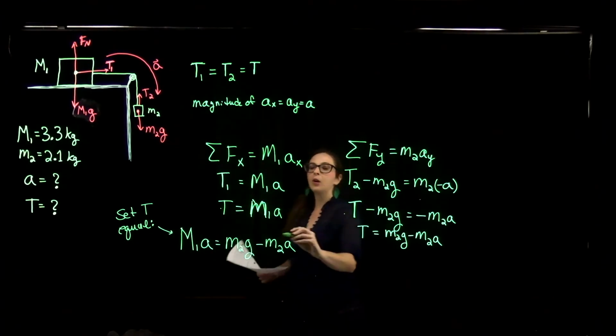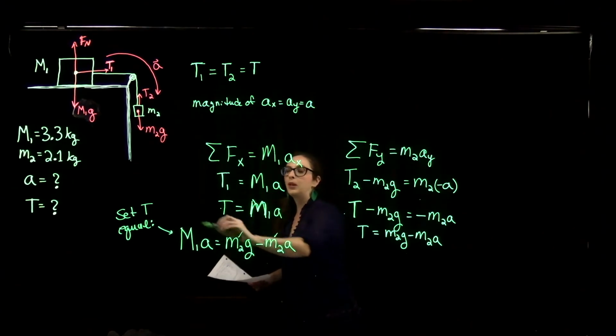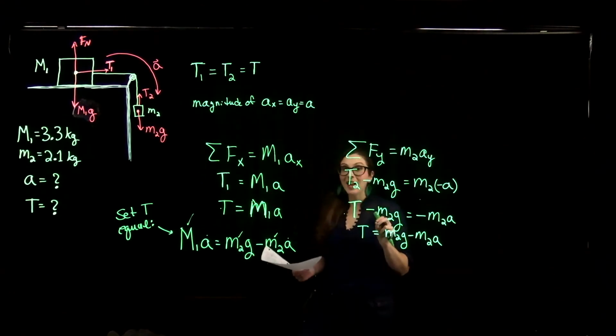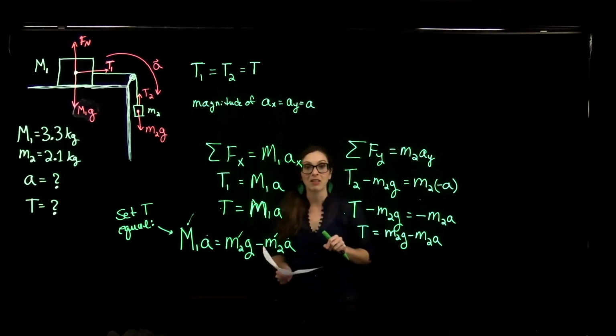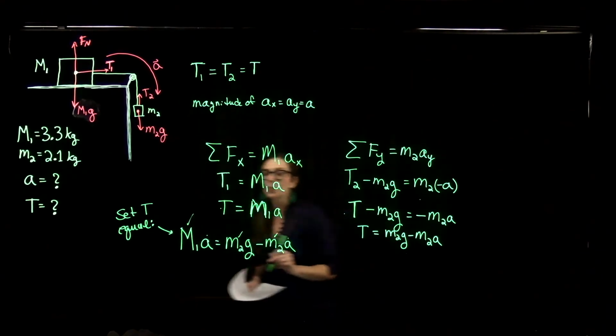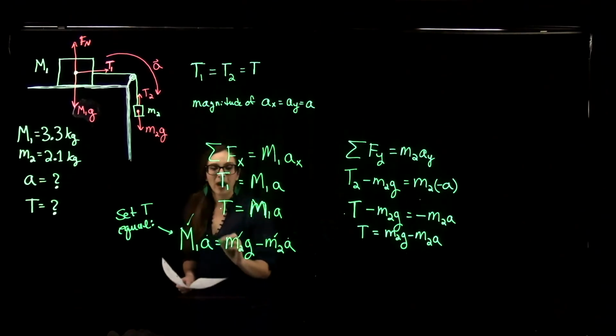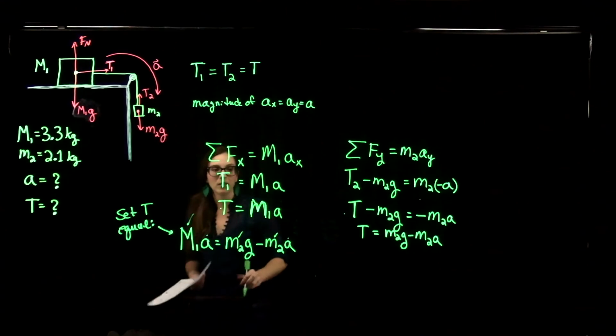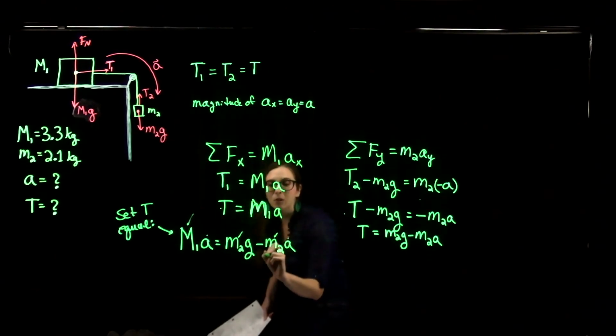Now we know m2, we know big M, and we just need to solve this equation for acceleration. If you really like algebra, then this section of the class is going to be really exciting for you. We're going to do a lot of algebra here. So I need to get all the components with the term of A on one side. So I'm going to move m2a over to the other side.